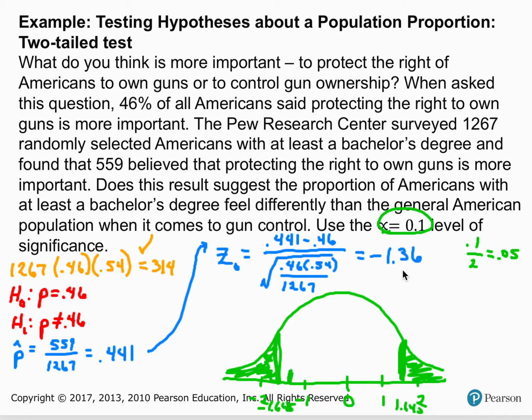So I'm going to click that. Okay, P sub naught is 0.46, so I'm going to enter that. X, that's the number of people with the characteristic, 559. N is your population. Okay, and then notice that you can choose whether you want a two-tailed test, a right-tailed, or a left-tailed. This is a two-tailed, so highlight that.